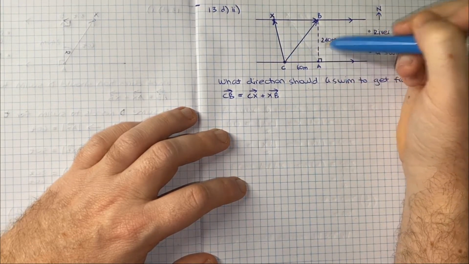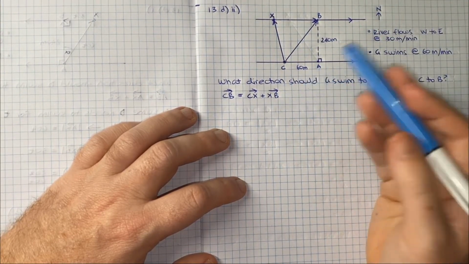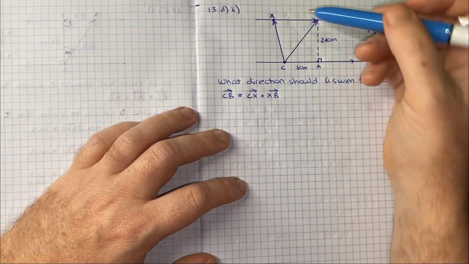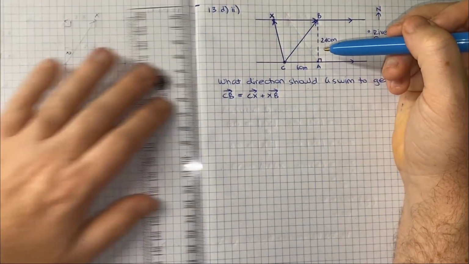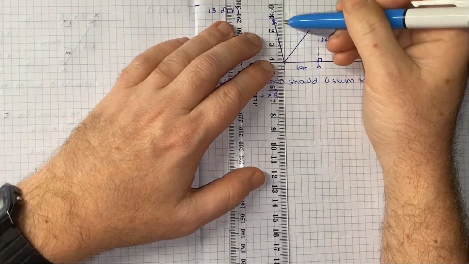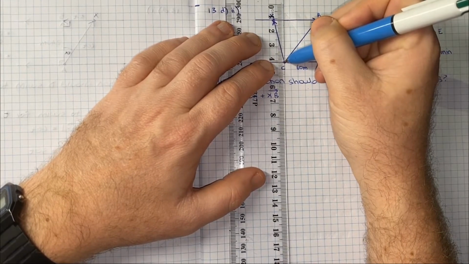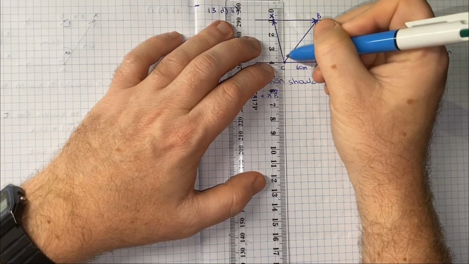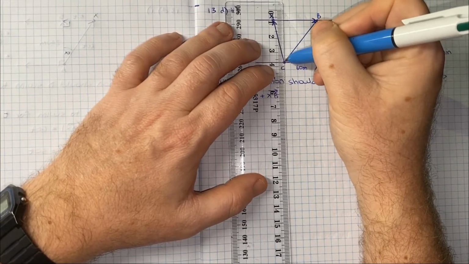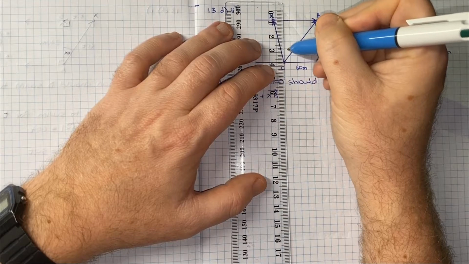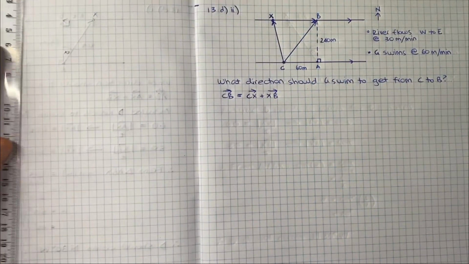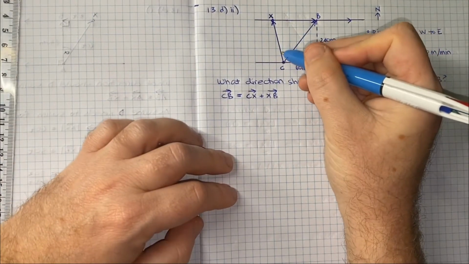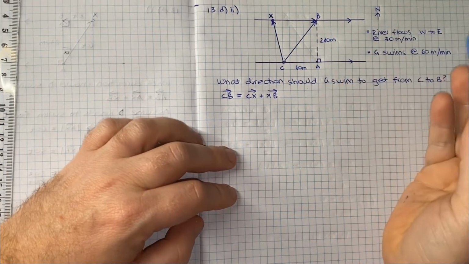If that angle ends up being more than 90 degrees, so more than going true north, then we know we're going north and a little bit west. If it ends up being less than 90 degrees, then we know we're going north and then a little bit east.